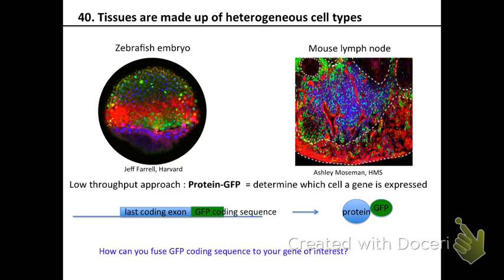You're going to build a plasmid. With restriction enzymes that have complementary ends to the GFP. Yeah, you can make PCR primers with restriction enzymes and amplify the GFP.